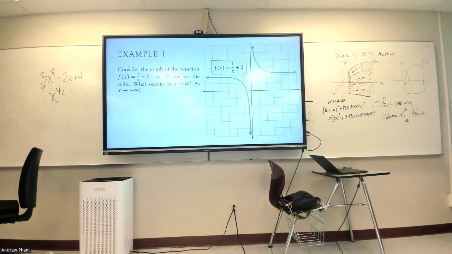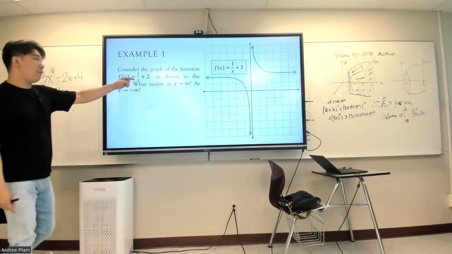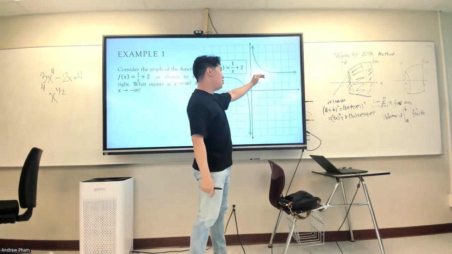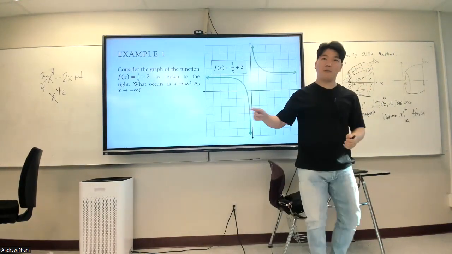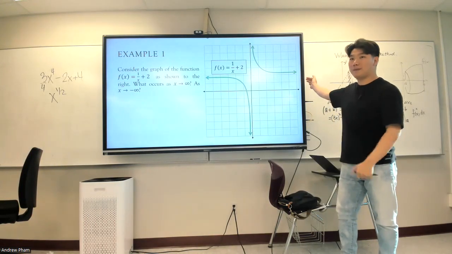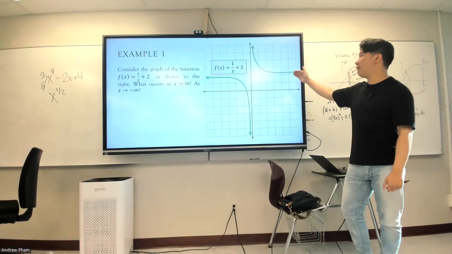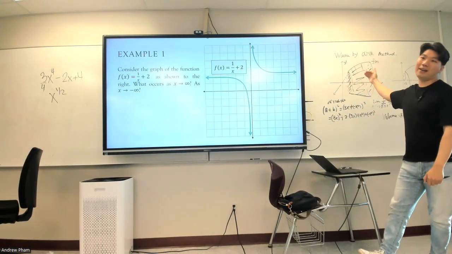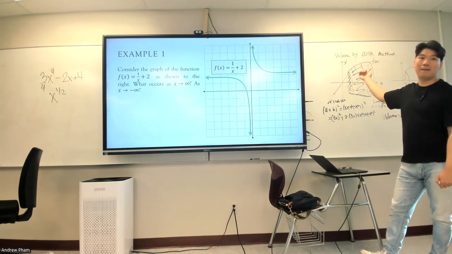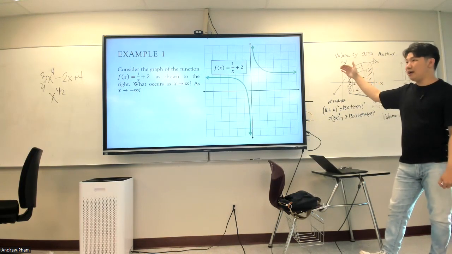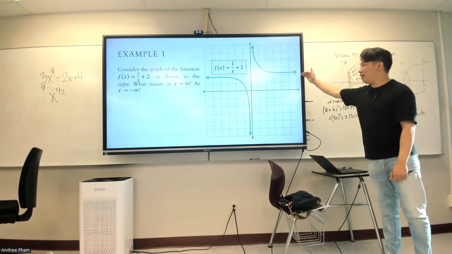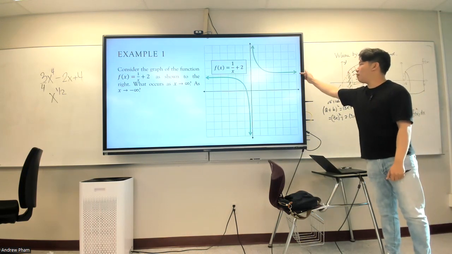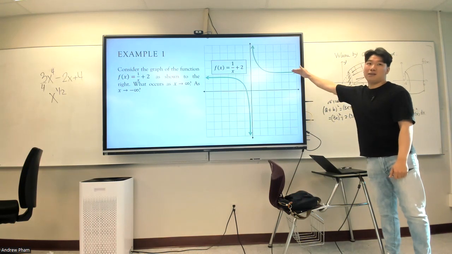I've got a graph here, right? What's happening to my graph, the y values, if I go towards infinity, that is towards the right? What's happening with my y values? If I kept on drawing this graph, what do you think is going to keep on happening? Yeah, it's going to keep on continuing. But by the way I've drawn this, it looks like it gets really close to this line right here.